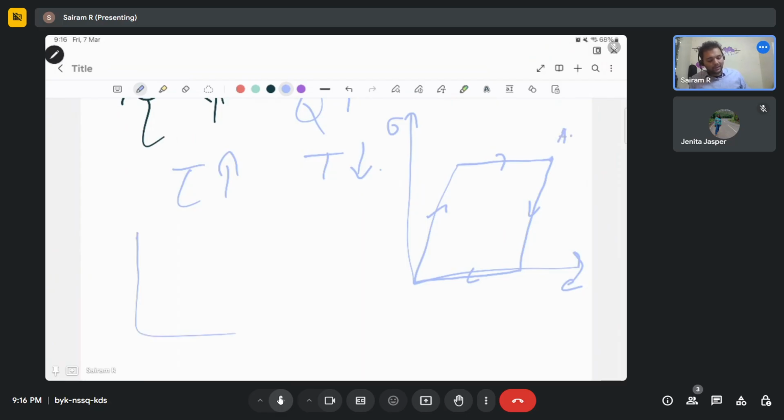In reality, what occurs is that this OABC path is technically followed in this curve. This is ideal, and this is the reality.